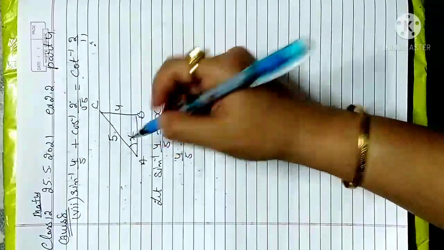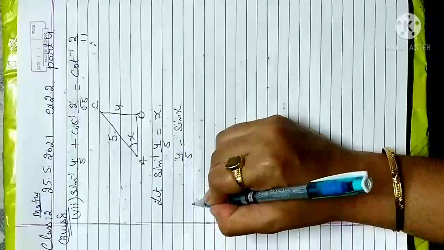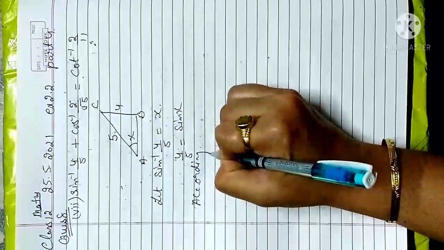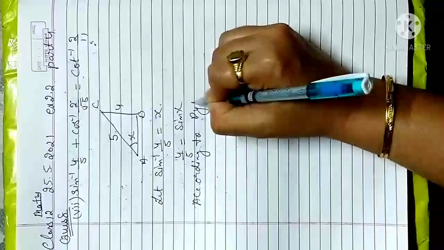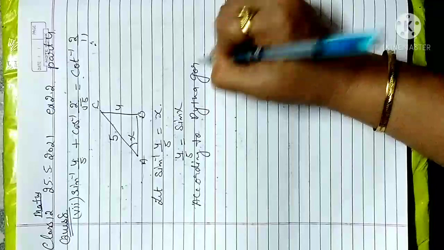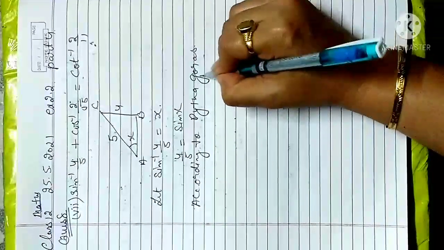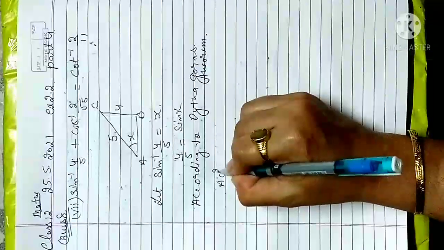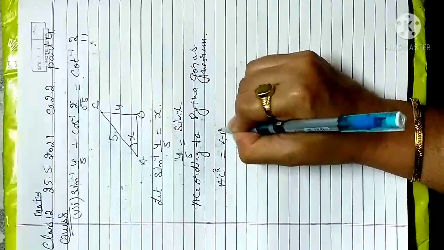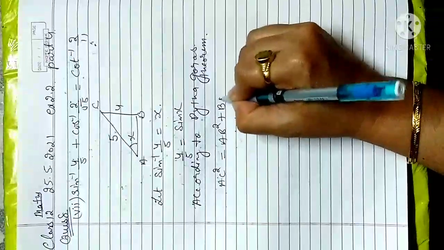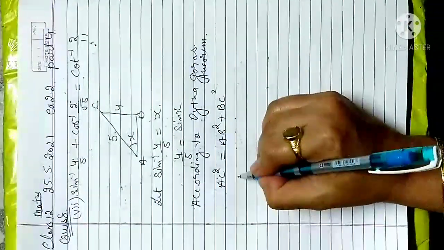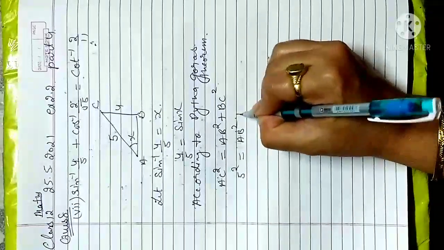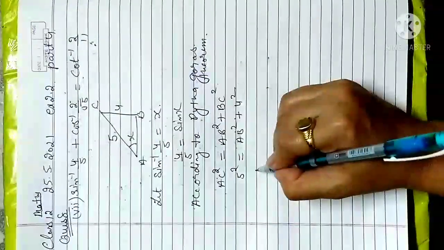Now I apply this Pythagoras theorem formula. According to Pythagoras theorem, AC square is equal to AB square plus BC square. Now AC square is 5 square, AB square I have to find, and BC square is 4 square.